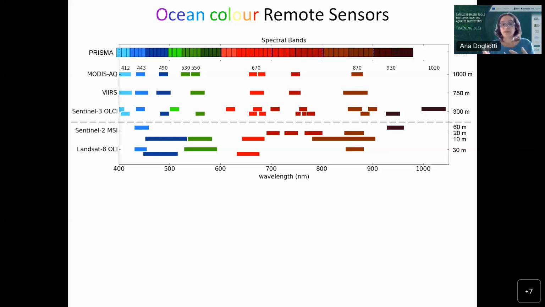But whether we can differentiate or not also depends on the sensor. If the sensor has a band located where the spectral feature of a certain species is, you can see it. If the band is not there, you will not be able to see this change in reflectance due to these specific pigments.